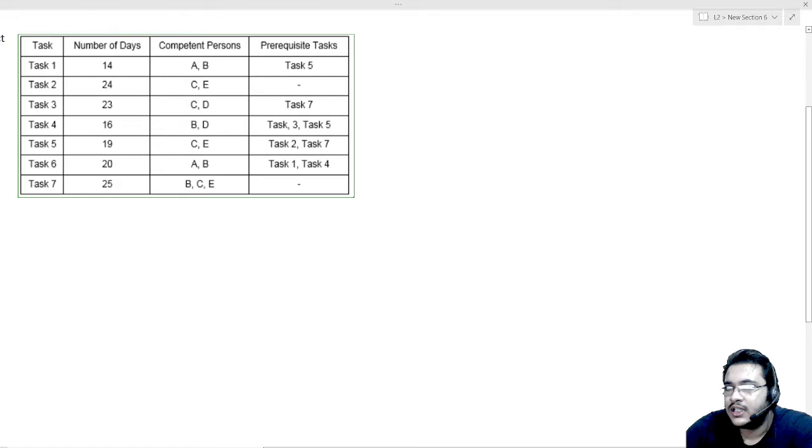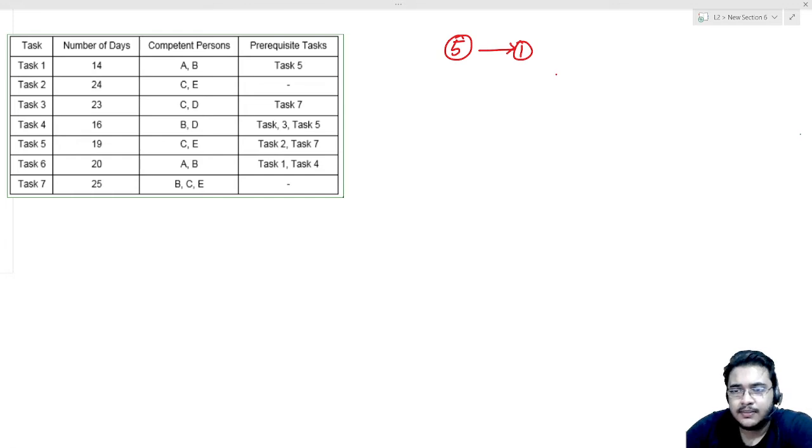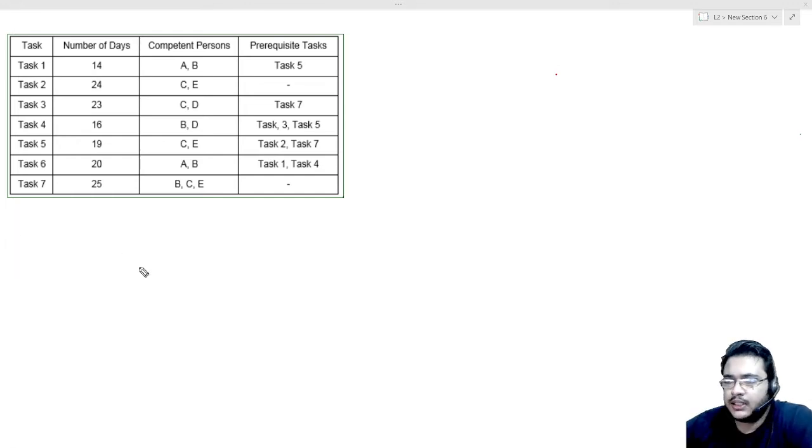Now let me see how I can make the table. Before making the table, one thing that I can see is that task number 1 I cannot start before task number 5 is completed. So in other words, I can just write somewhere 1, and I know that 5 will be preceding that. Give me a second, guys. Let me make the table in a pretty decent manner.